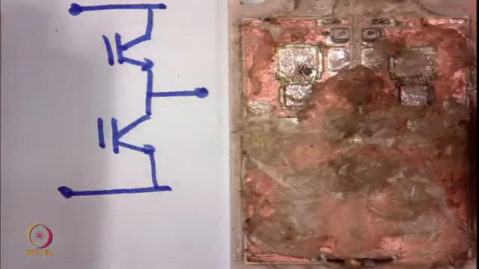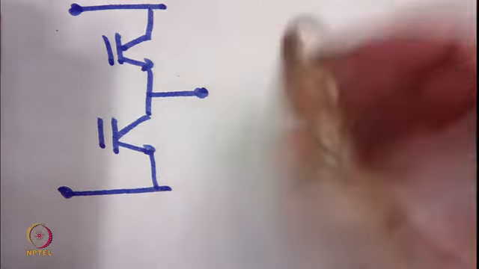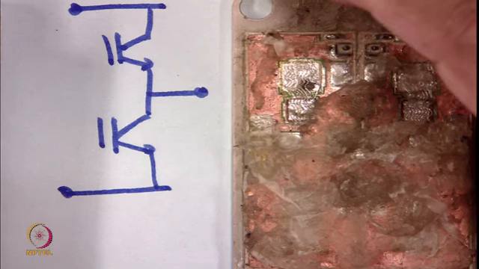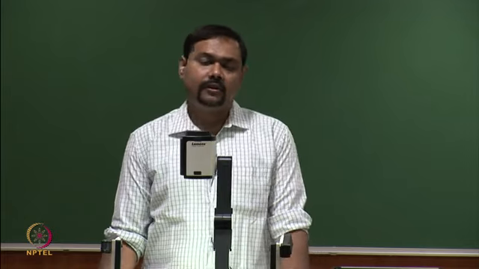If you also look at the heat sink, or the base plate of this device, you will find that it is made of a highly thermally conductive material. Now, remember that temperature control, keeping the temperature inside power devices under control, is a very important requirement.